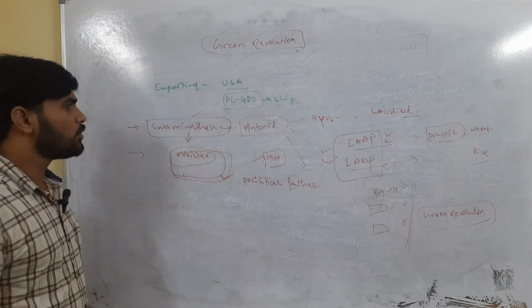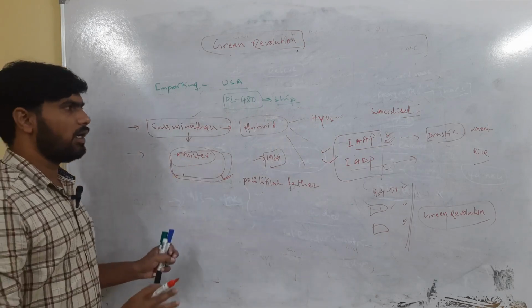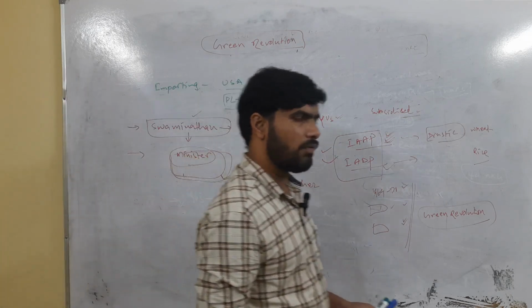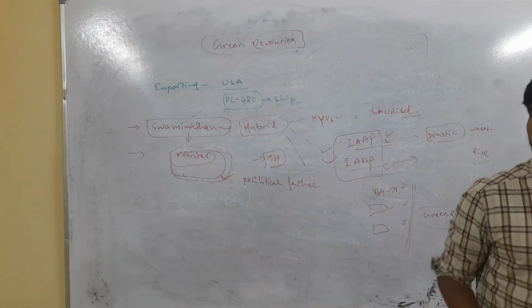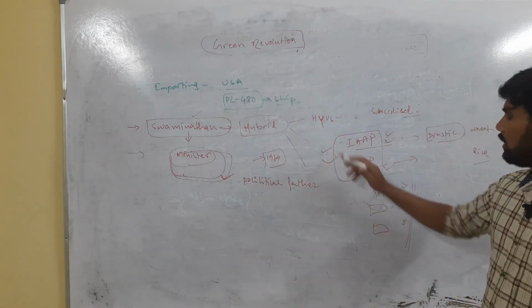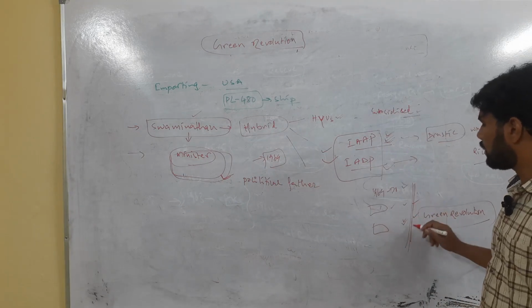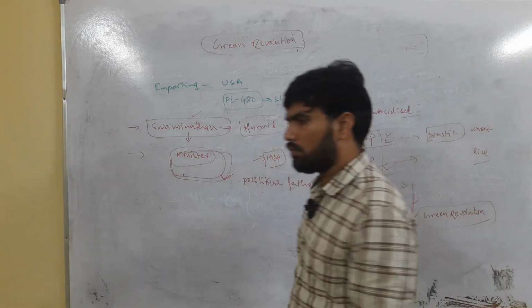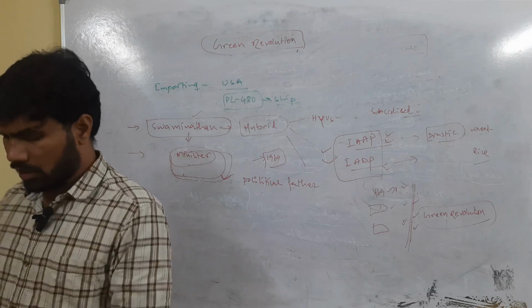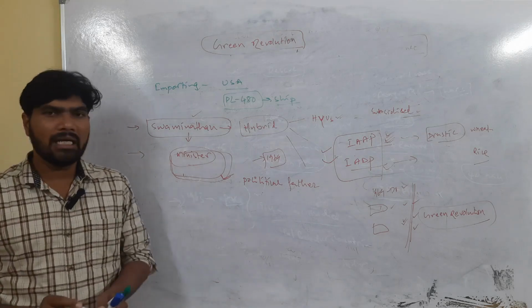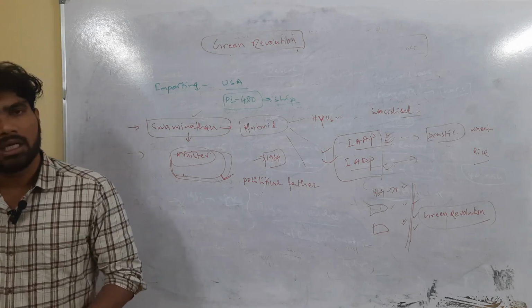So basically, with the introduction of high yielding varieties, the green revolution began in our country. It resulted in a huge increase in the production of food grains. So this is the background and the beginning of the green revolution in the country.